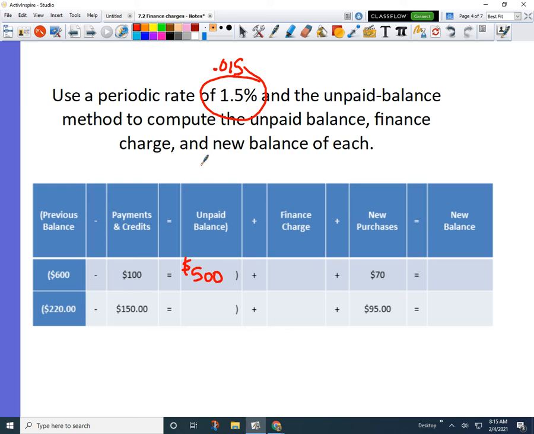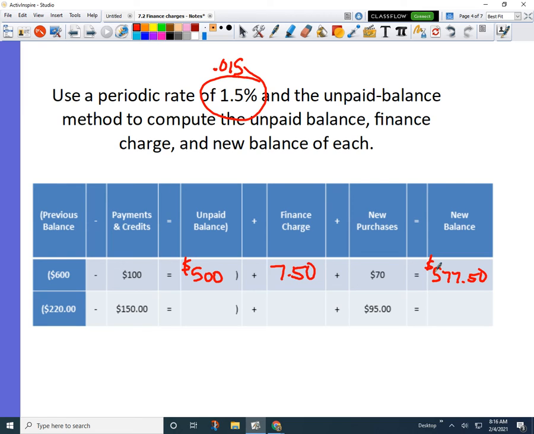So our finance charge is going to be $500 times 0.015, which is $7.50. So now I'm going to go back and add up our unpaid balance, our finance charge, and our new purchases. That is $577.50.